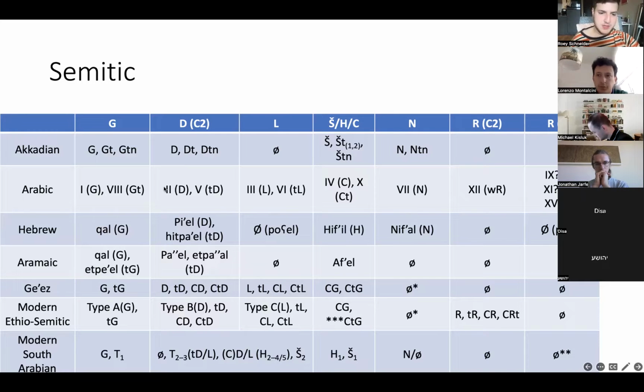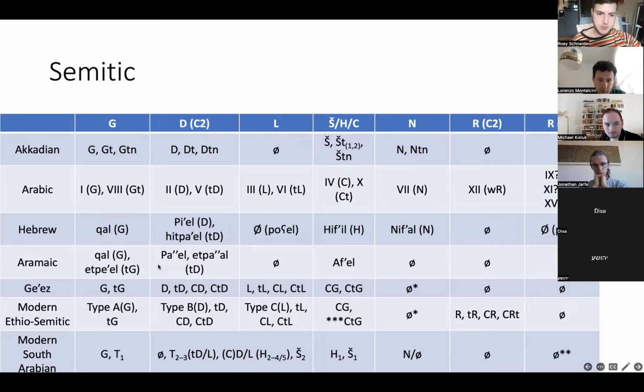And Arabic has also the D and the TD. Here, Akkadian and Arabic differ where they add the T. So Akkadian has it once again after the first radical, but Arabic has it before. So in Arabic, it's tafa'ala, and the D is fa'ala. In Hebrew, we have PL with a completely different set of vowels, and hitpa'el.